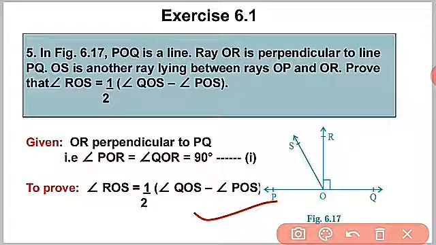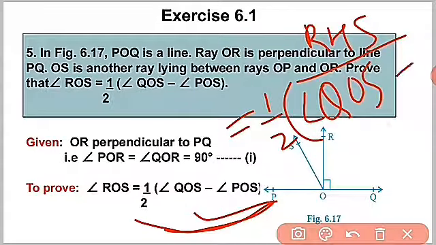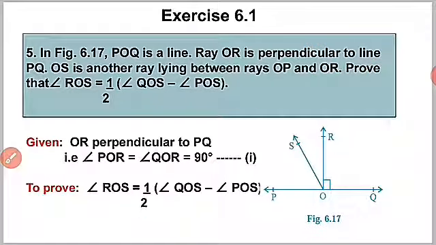So in this we will take first the RHS, that is the right hand side part, which is equal to half of angle QOS minus angle POS.